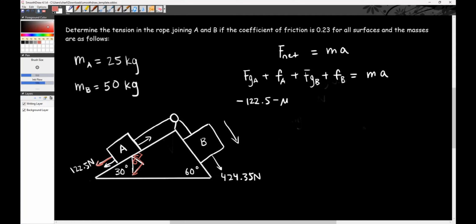I'm just going to use a shortcut, which is mg times cos of the angle, which is 30 degrees. And again, if you don't know how I got that, I just did cos 30 degrees, and you can find what that's equal to, and then isolate it for Fn over here, this side.